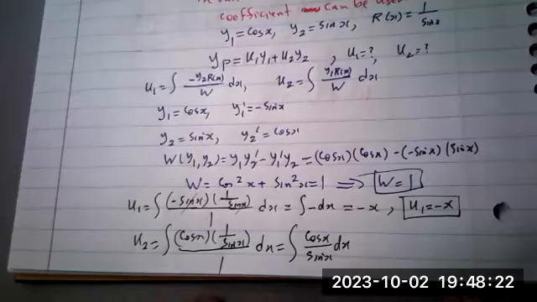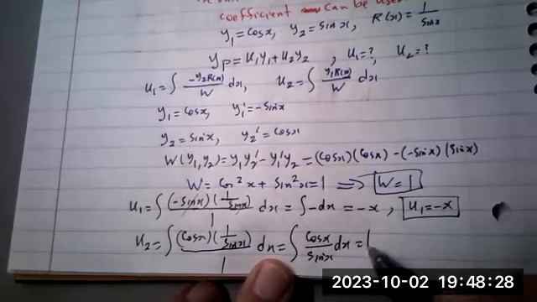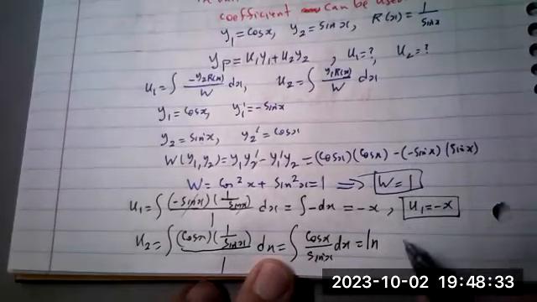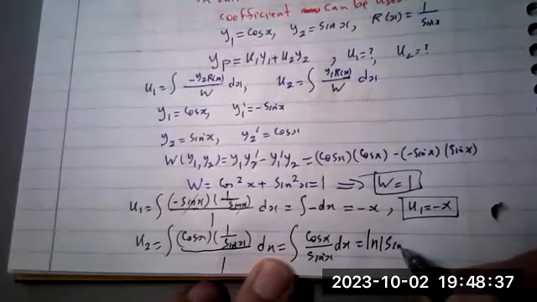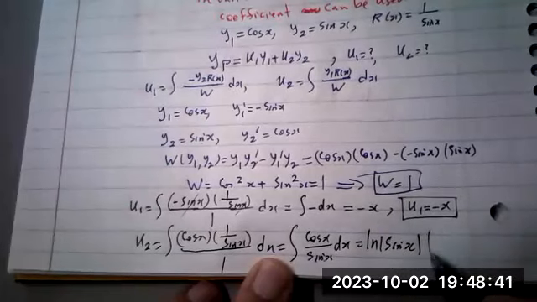So it's ln of the absolute value of sine x, or we can consider sine to be positive, whatever. Remember, no constant c. It's a particular solution.